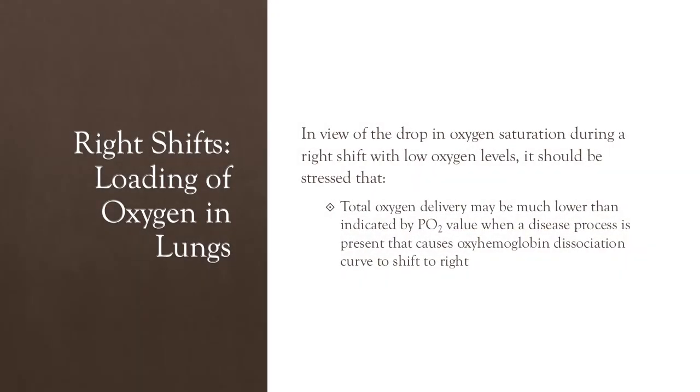In view of the drop in oxygen saturation during a right shift with low oxygen levels, it should be stressed that total oxygen delivery may be much lower than indicated by the PO2 value when a disease process is present that causes the oxyhemoglobin dissociation curve to shift to the right.